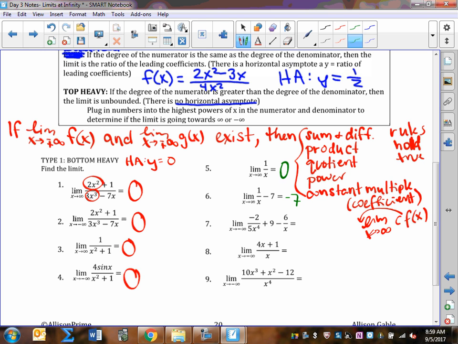What you could have done instead of using those properties is put these together as one fraction, in which case you would have had the limit as x approaches infinity of 1 over x minus 7.